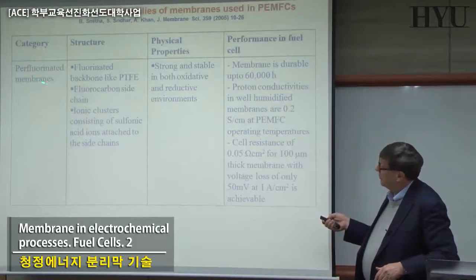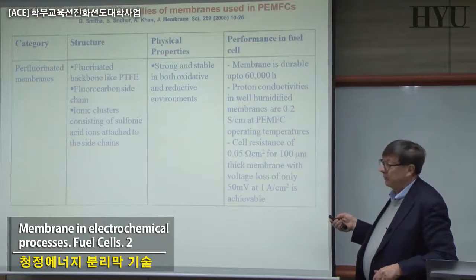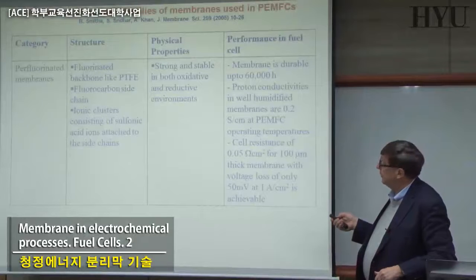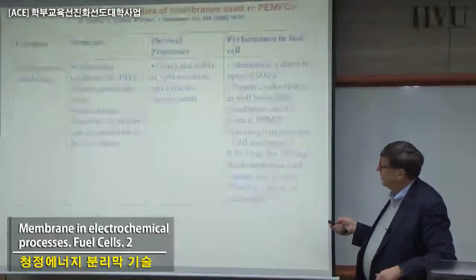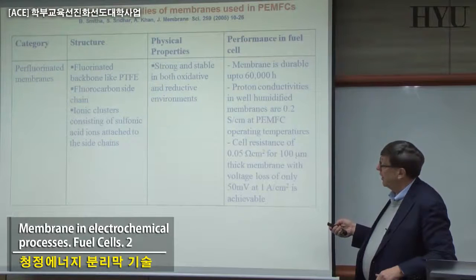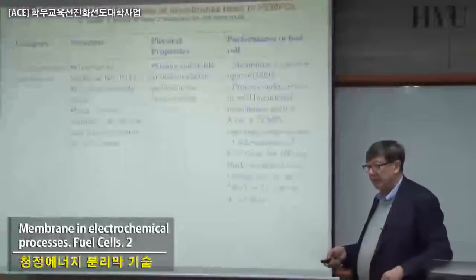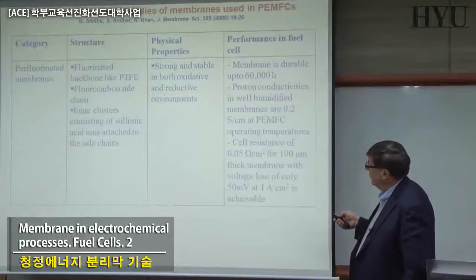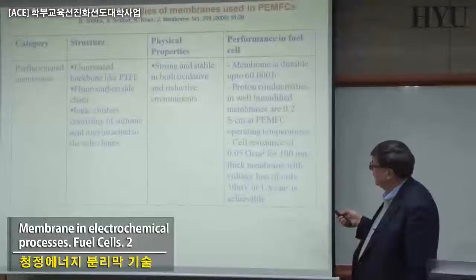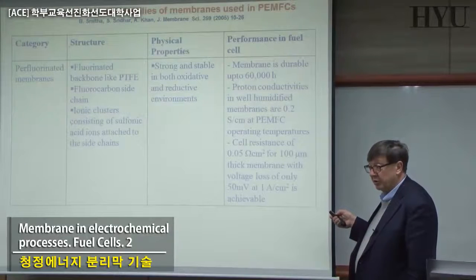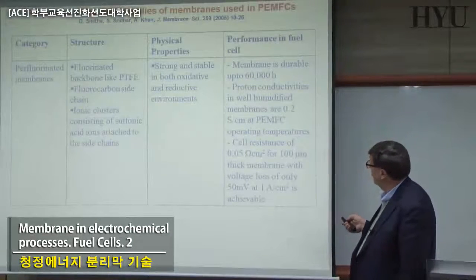Anyway, fluorinated polymers are the most interesting ones. For example, PTFE, polytetrafluoroethylene, is a typical example. And you have the fluorocarbon backbone with an ionic cluster, with sulfonic acid ions attached to some side chains. These systems are strong and very stable in oxidation and reduction environments.